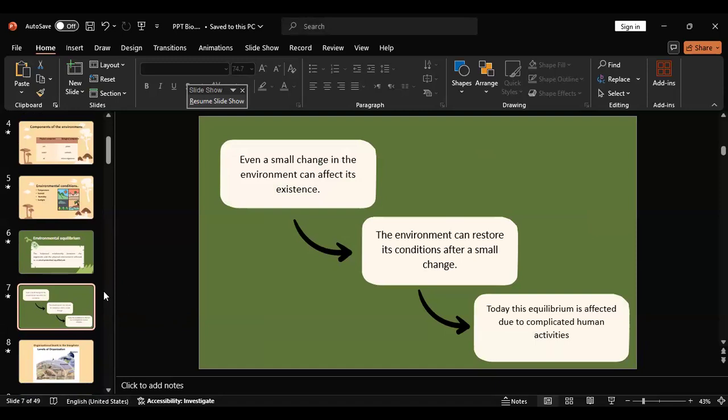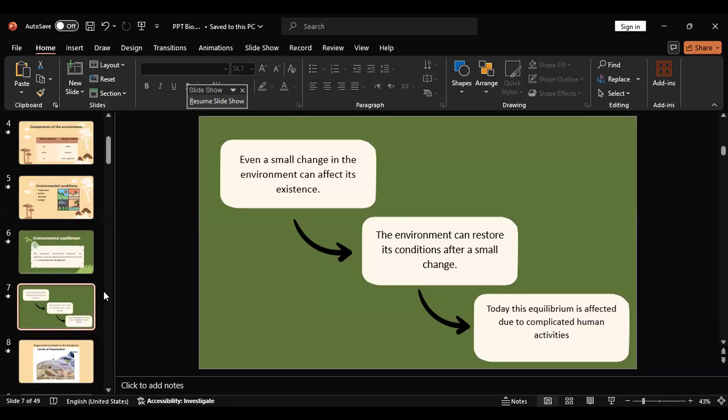Small changes in the environment can affect the environment, but the environment has the ability to restore its condition after small changes. First it can make some other changes in the environment, and again the environment has the ability to restore its condition after the changes.